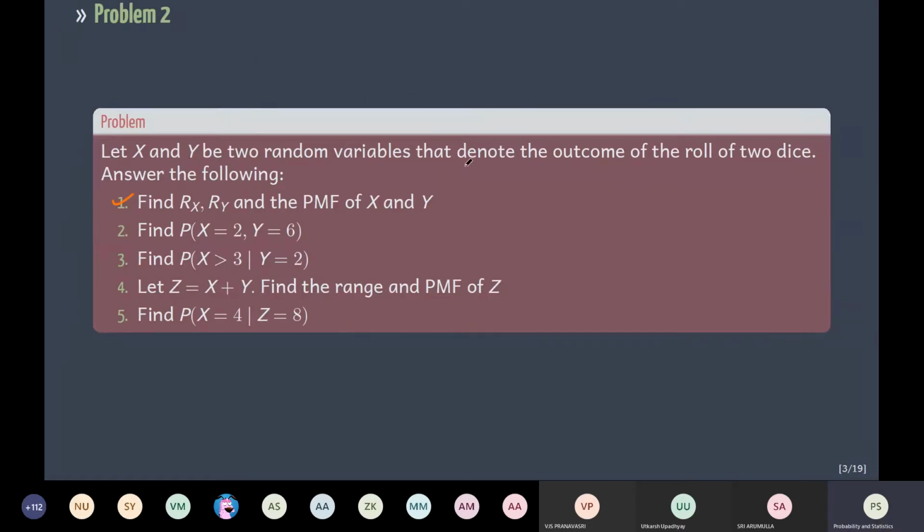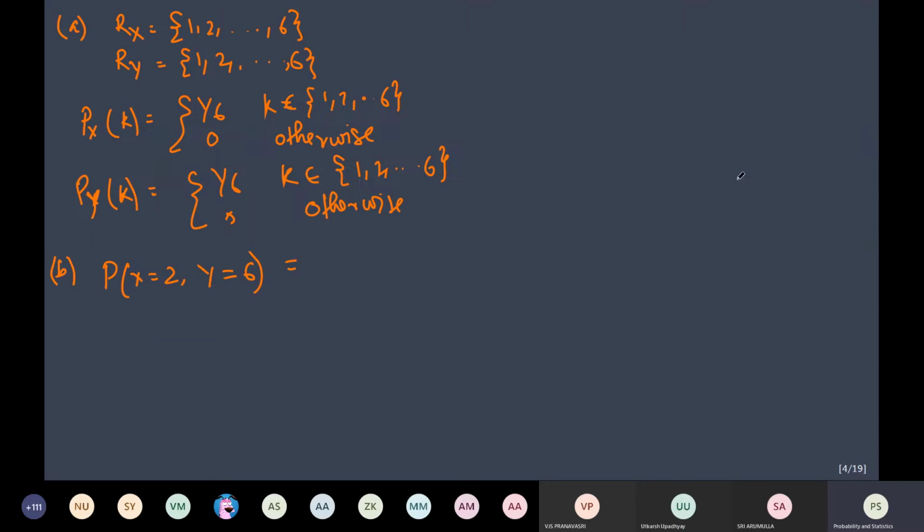Since x and y are the roll of two dice, they are independent, so one does not affect the outcome of the other. So this is probability that x is equal to 2 times probability that y is equal to 6. Each has probability 1 over 6, so this is 1 over 36.